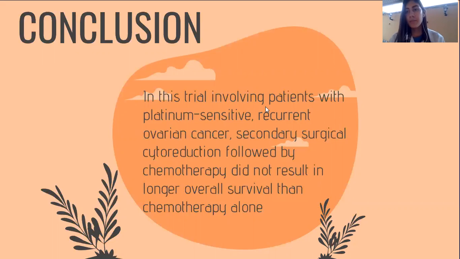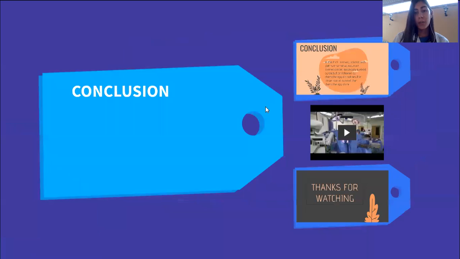So the conclusion of this study was that in this trial involving patients with platinum-sensitive recurrent ovarian cancer, that means women with recurrent ovarian cancer, secondary surgical cytoreduction followed by chemotherapy did not result in longer overall survival than chemotherapy alone. This means chemotherapy is still the best way to treat ovarian cancer. Thank you for watching.